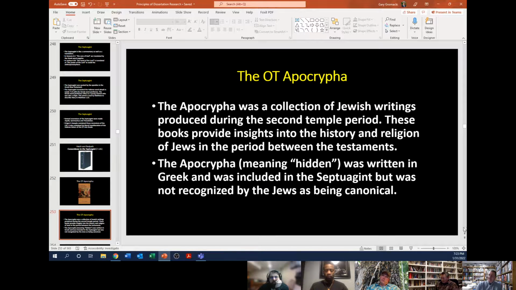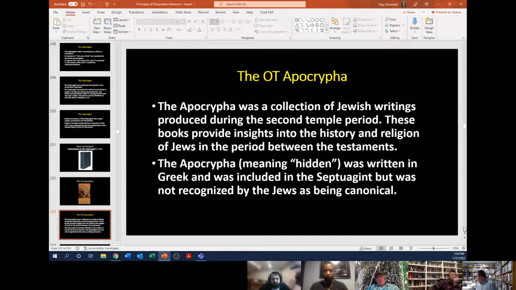So the Apocrypha, a collection of Jewish writings produced during the Second Temple period. Second Temple, that is, the temple was built after the return from the Babylonian exile. And they provide insight into the history and religion of the Jews in the period between the Testaments. We get into talking about Second Temple Judaism, right, which is a very important background to the New Testament.